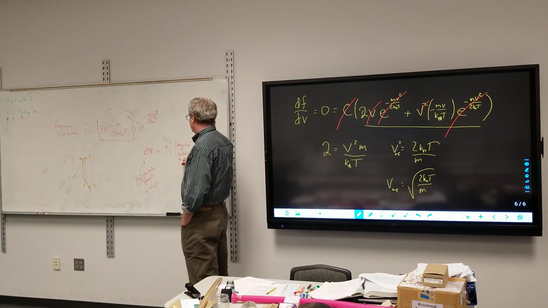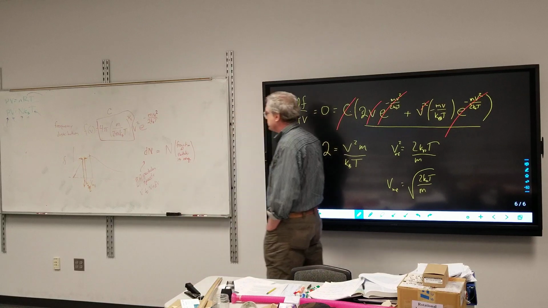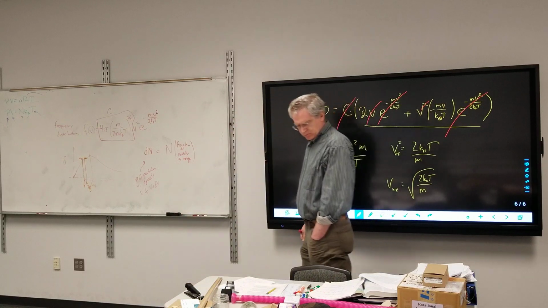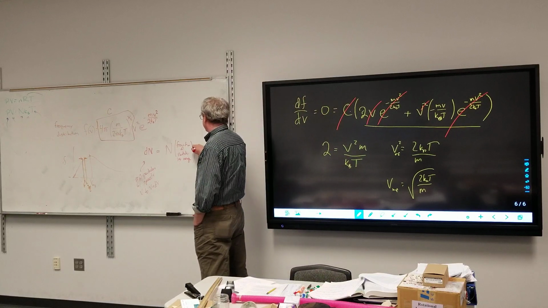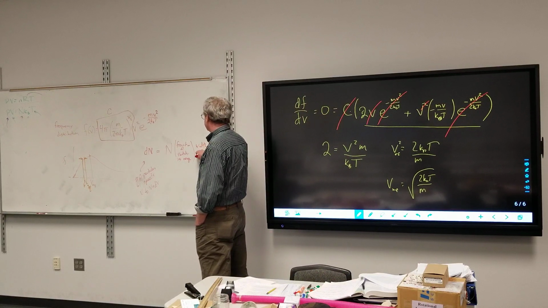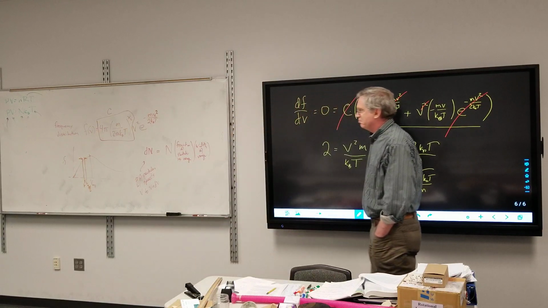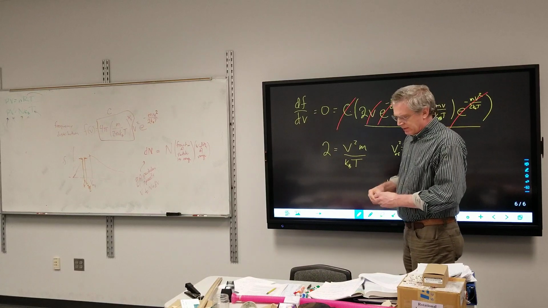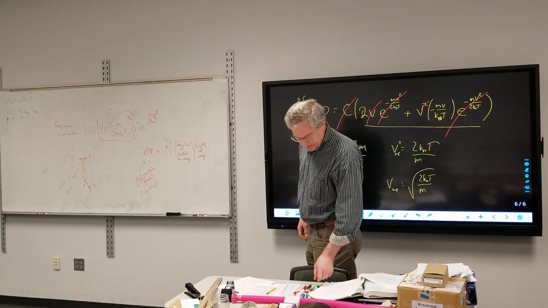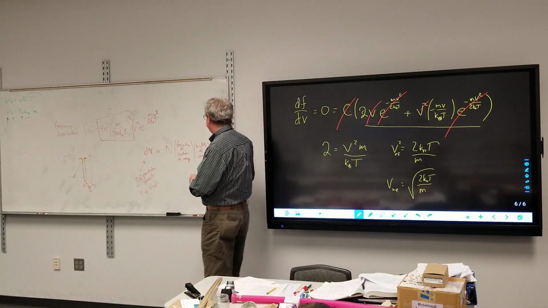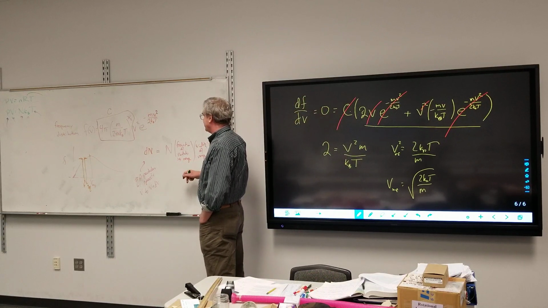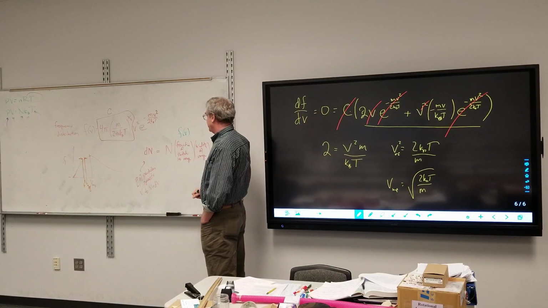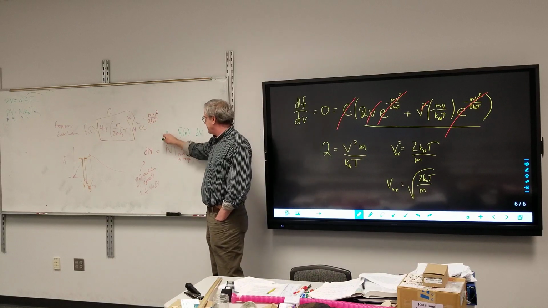Range is probably a better word. Times the width of the range. Well, we can now narrow that down. The fraction of particles that's in that range is just my distribution function as a function of the speed times dv. And then I've got the N up front.